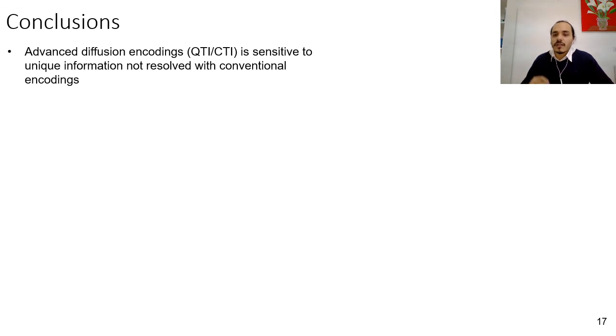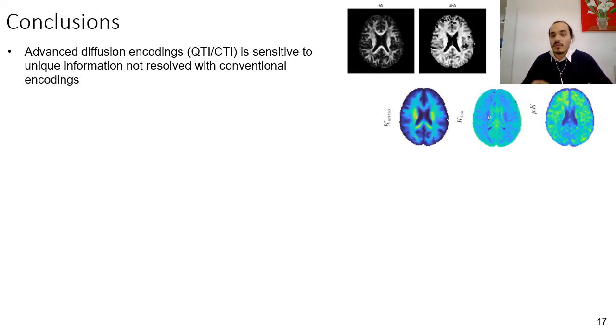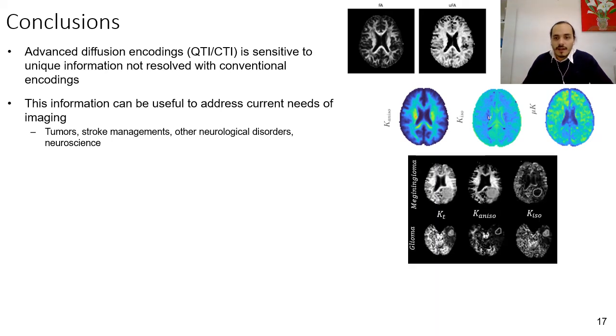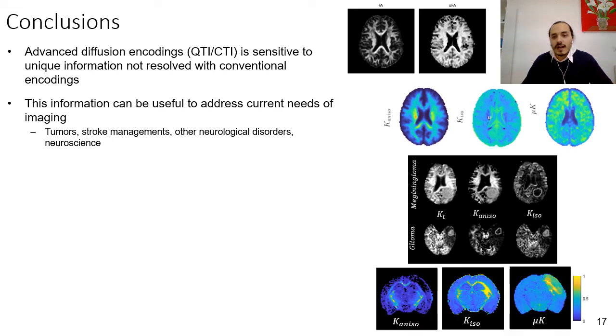For example, during the talk, I showed that QTI and CTI can be useful to resolve sources of kurtosis that single diffusion encodings cannot resolve. I also showed the potential of this technique in different applications. I discussed the advantage in tumors in the first part of the talk, and now I showed the example of CTI to characterize ischemic stroke lesions.